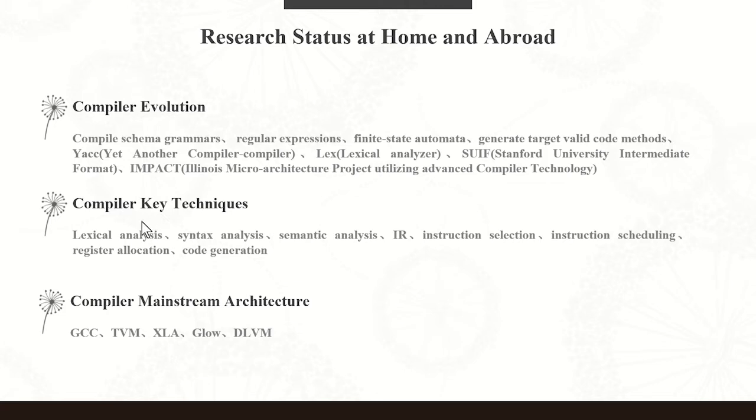And the key technologies of the back-end are instruction selection and scheduling, register allocation, code emitting, and so on. Some of the mainstream compiler frameworks are GCC, TVM, XLA, DLVM, and so on.